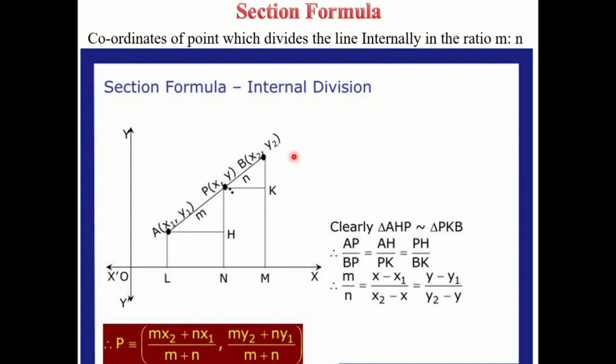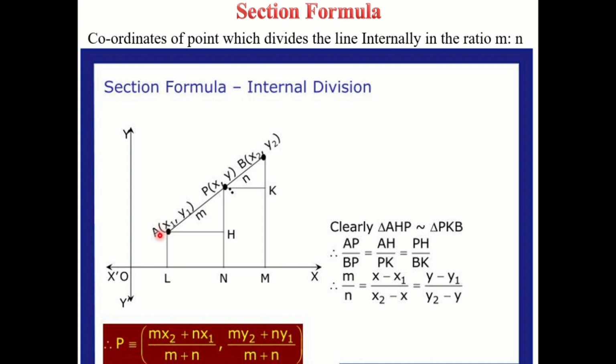So we can write AP divided by BP is equal to AH upon PK, which is also equal to PH upon BK.